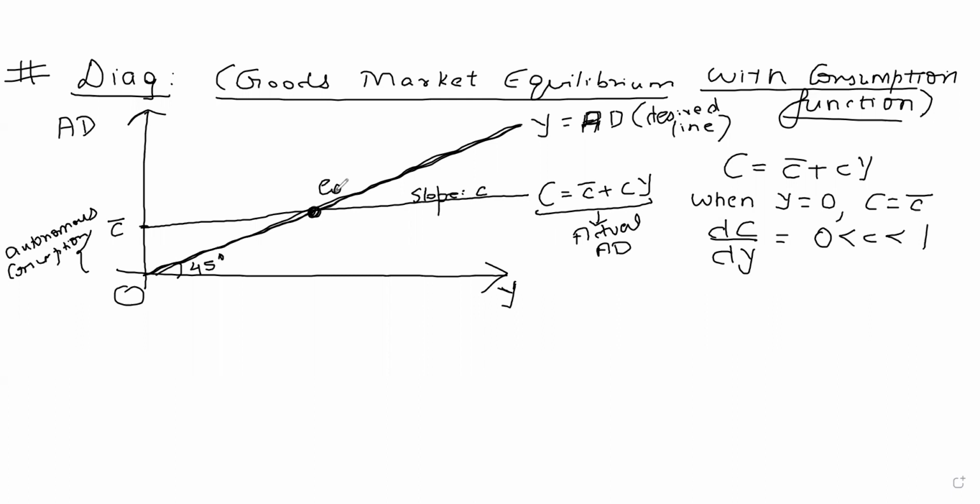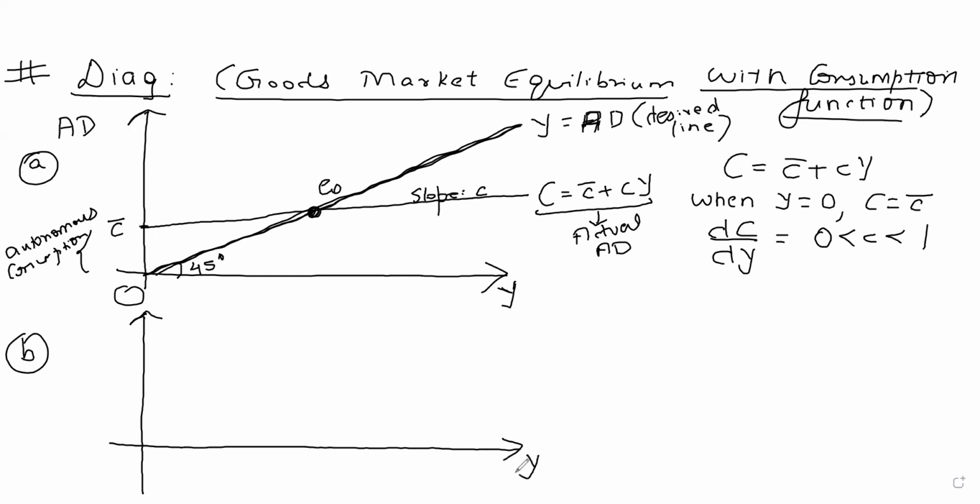Corresponding to it, I can derive the savings function. So this was diagram A. I'm now drawing diagram B, which is the derivation of the savings function. We have income here, we have savings here. The consumption function starts from C bar. The savings function starts from exactly the opposite, minus C bar.